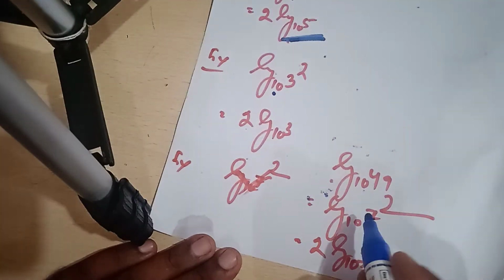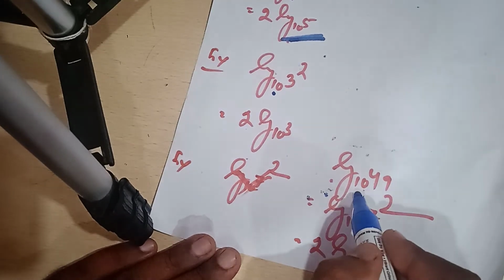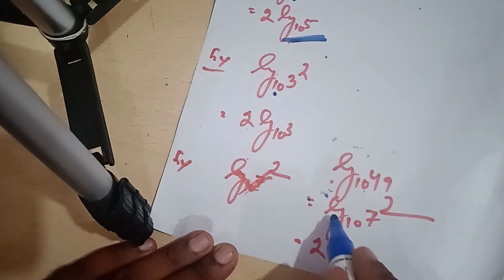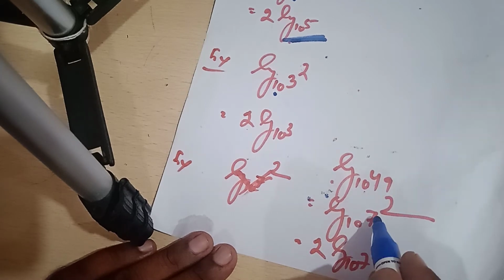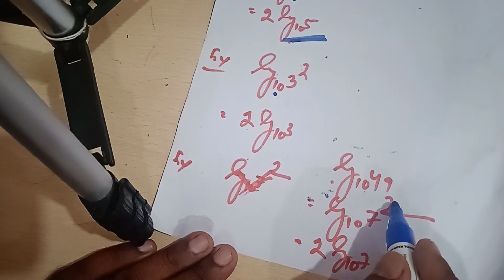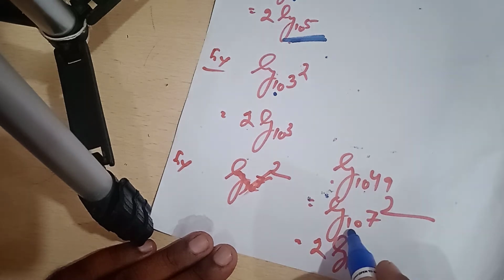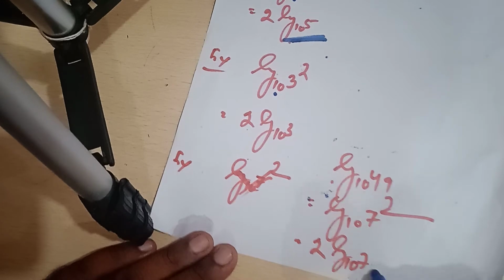Similarly, another example, log 49 to the base 10, 49 is equal to 7 power 2, is equal to 2 log 7 to the base 10. So these are the three laws I have expressed.